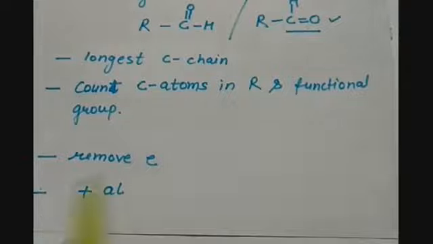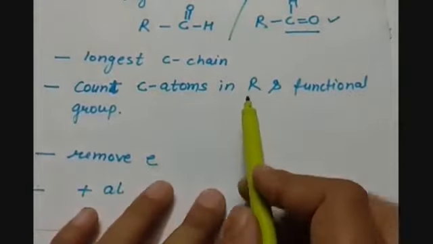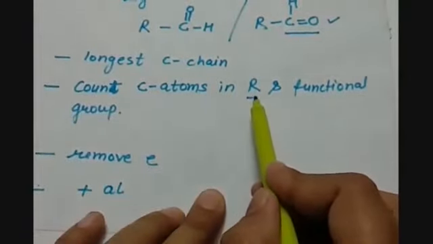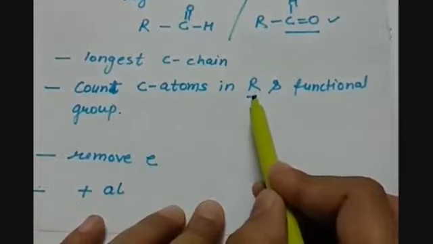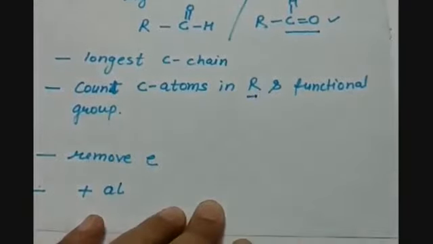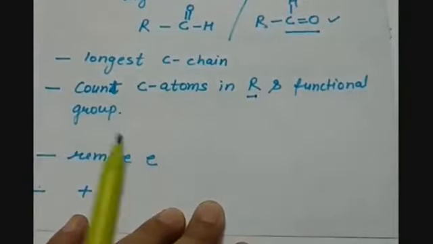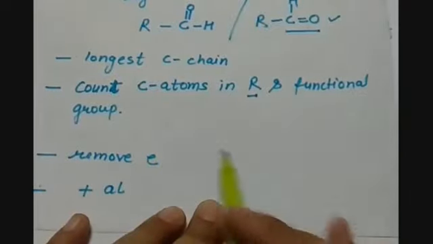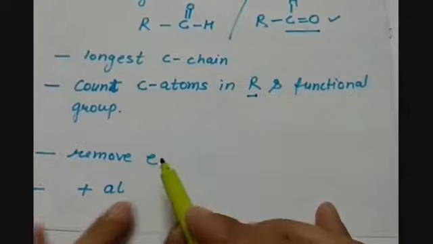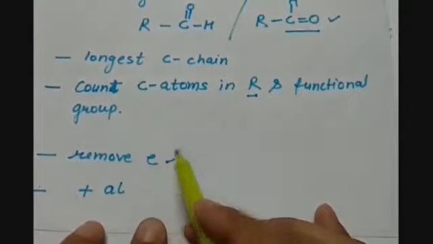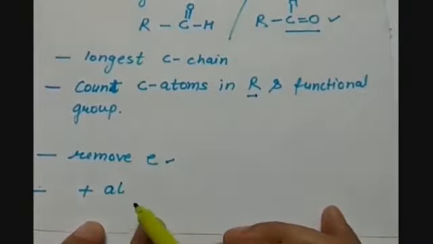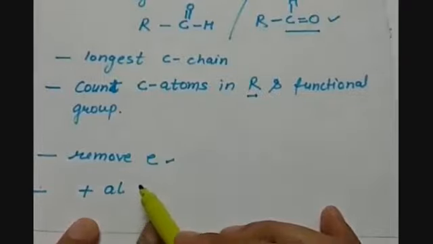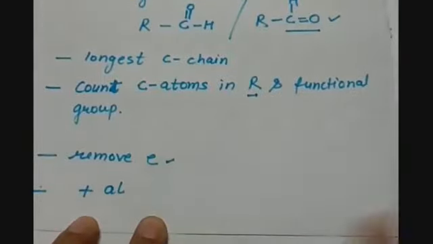We count the atoms present in the alkyl chain, that is R, and the functional group's carbon as well. This way we find the longest carbon chain, which will be an alkane. Then we remove the E from the alkane and add al, which is the secondary suffix used for aldehydes. Now let us do one example.